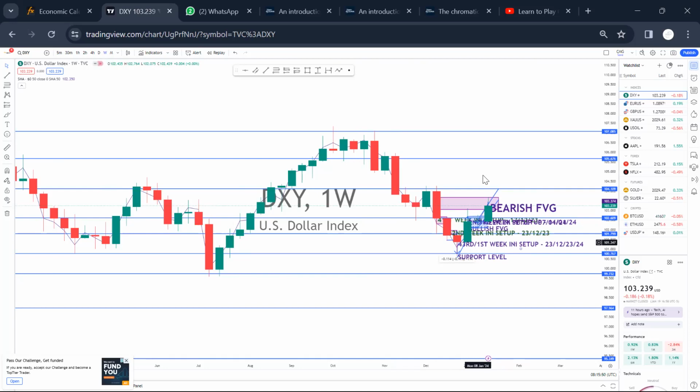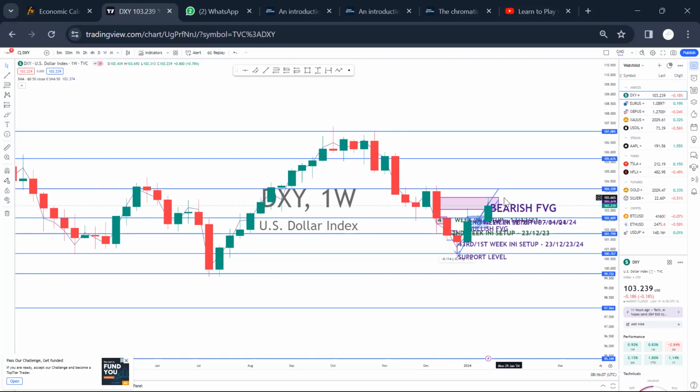But not forgetting there is this rectangular shape that I have here. This is a bearish FVG, a fair value gap, right? You may not see the importance of it here, so you move down and then you see it, but there's a fair value gap here.